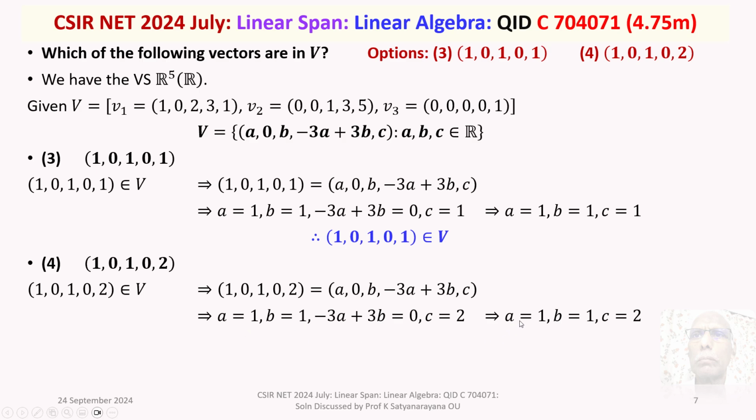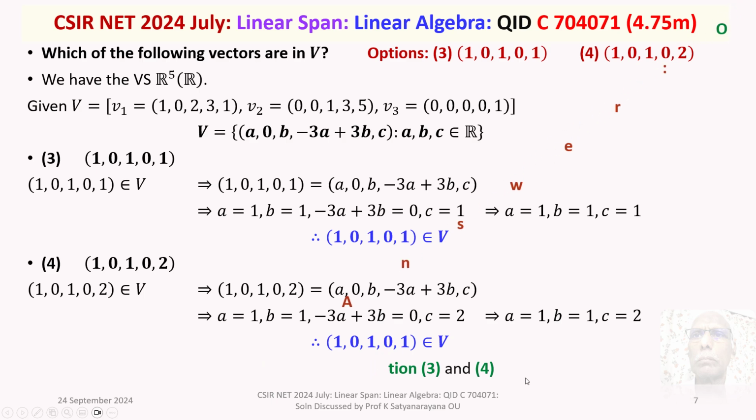Thus we get A is equal to 1, B is equal to 1, C is equal to 2. So this will tell you that this vector (1, 0, 1, 0, 2) belongs to V. So it is one of the answers. Right. So options 1 and 2 are not in V. That means they do not belong to V. Options 3 and 4 belong to V. Therefore, the answer to this question is options 3 and 4.